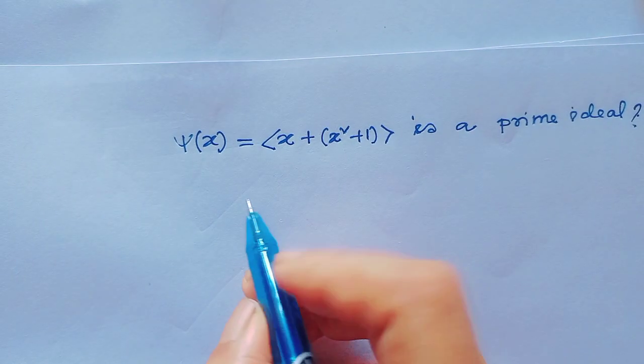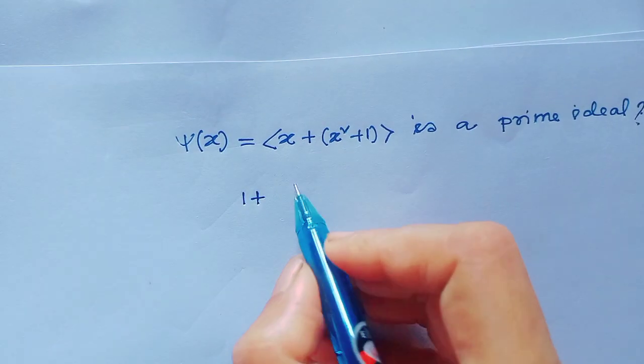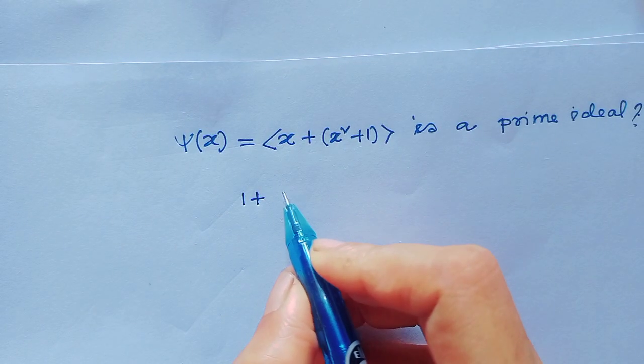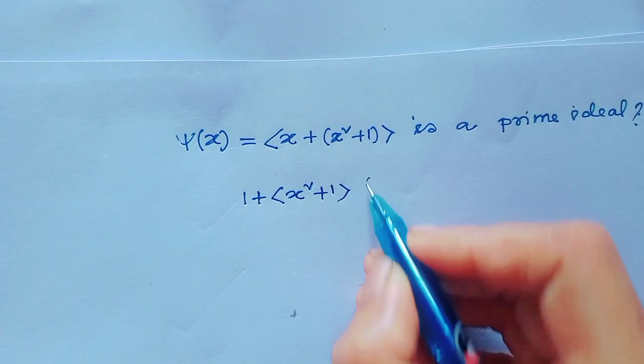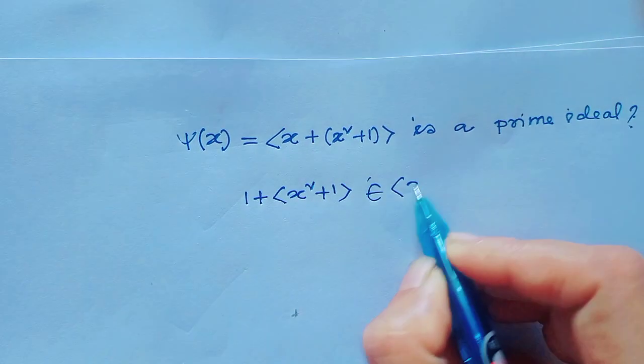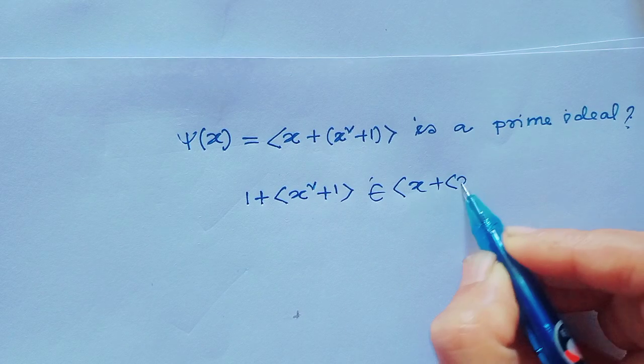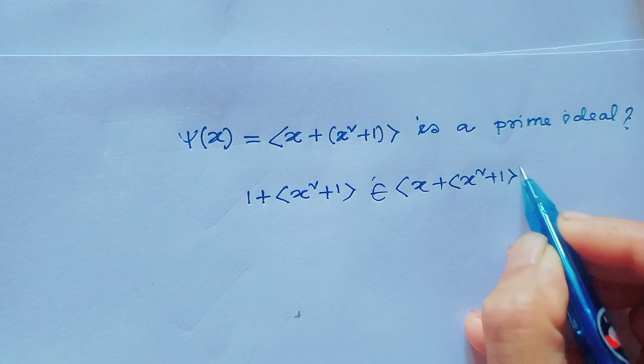Consider unity belongs to this ideal. 1 plus the ideal generated by x square belongs to this ideal x plus the ideal generated by x square plus 1.